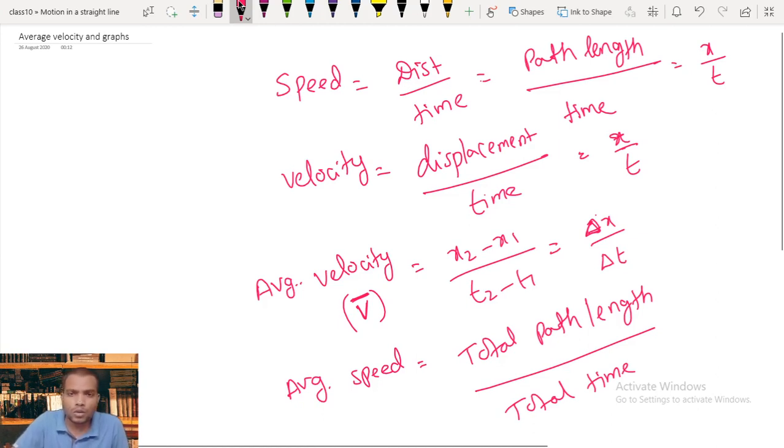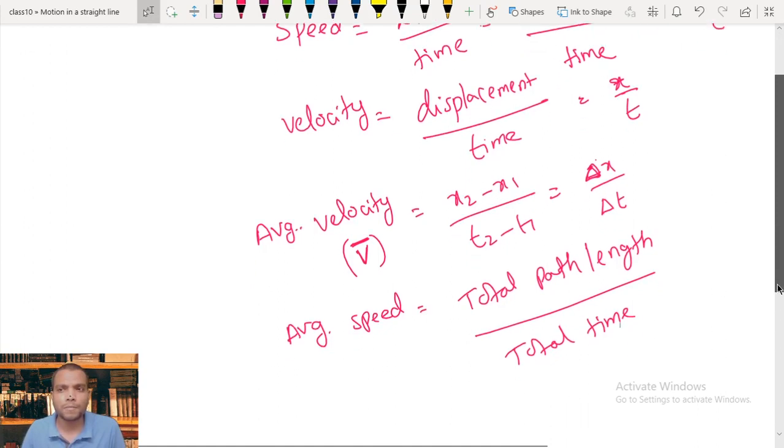If we take from initial to final, the total we can sum up gives the total path length upon total time. So this is about speed, velocity, and average speed.